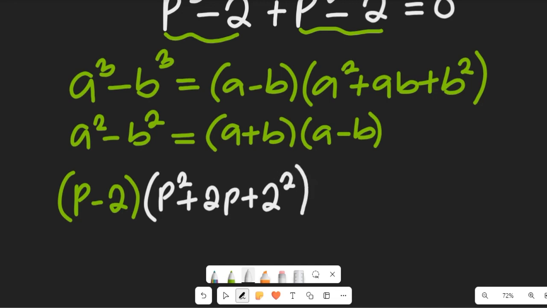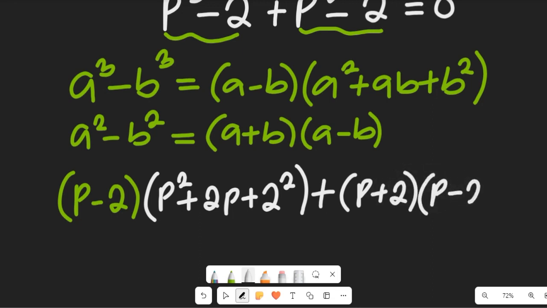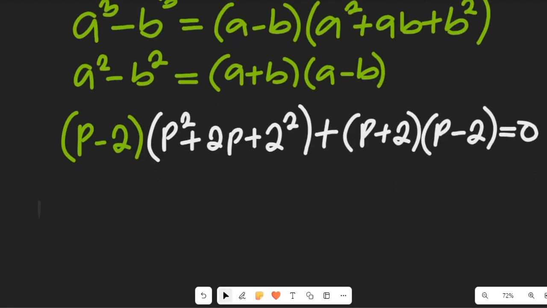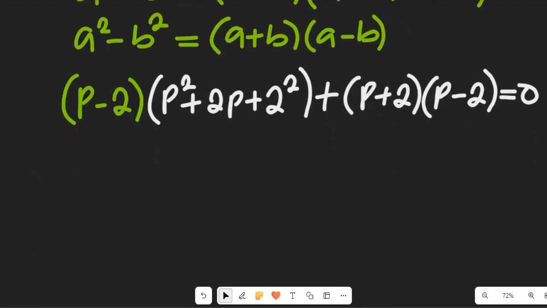That's for the first expression. And then we'll have plus p plus 2 multiplied by p minus 2, and all these will be equal to 0. So from this expression, you're going to see that we'll simplify.